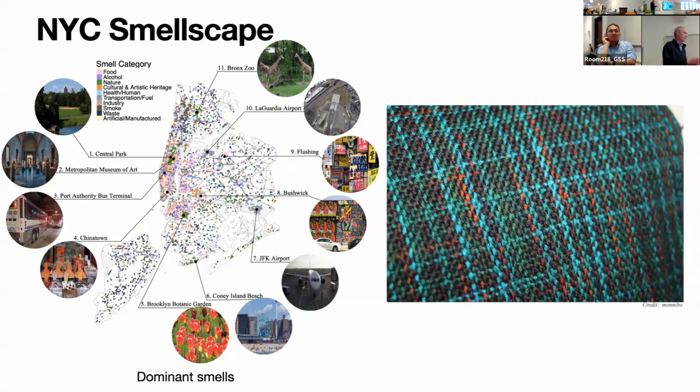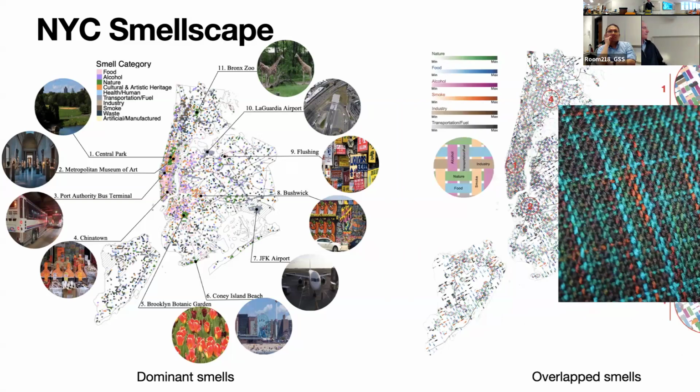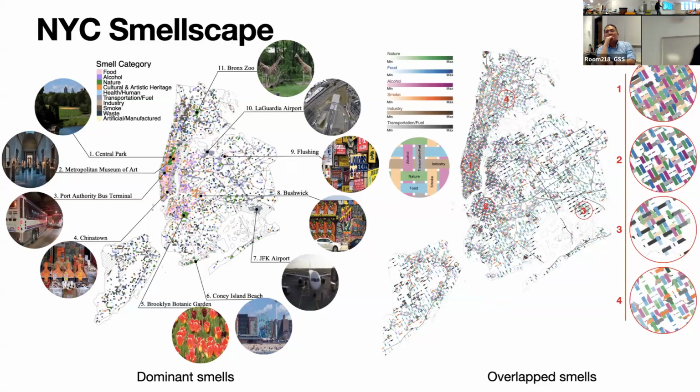And then there are also different ways of visualizing data, because smells are not one thing. There'll be multiple smells, even in this room, there's going to be multiple smells, right? And there's this technique developed by David O'Sullivan called cross-stitching, where you can weave overlapping categorical data together to get a sense of really what's happening. So the idea is you stitch together these smells to create these smell maps, see what's dominant in what types of areas.